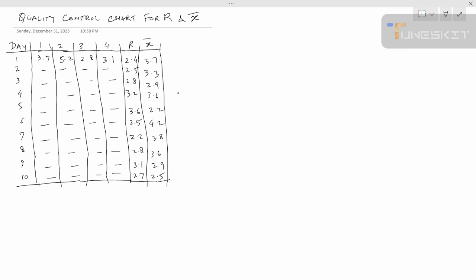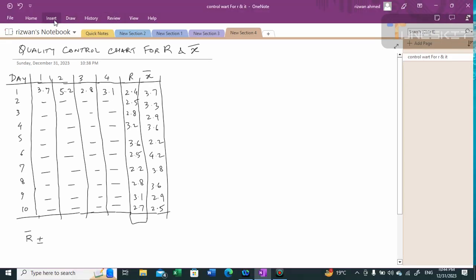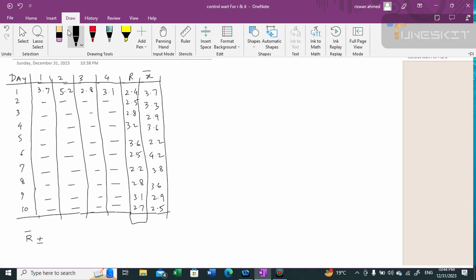Now what we do, we need to first define the formula for the R chart. Again, to get a unique value computed from this data of R, we need to compute R bar. The formula is R bar plus minus, sorry, that's not plus minus, we can directly take the factor into consideration that's available in the factors for control charts.